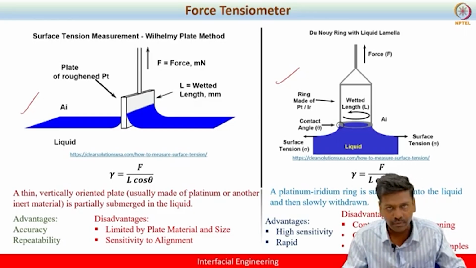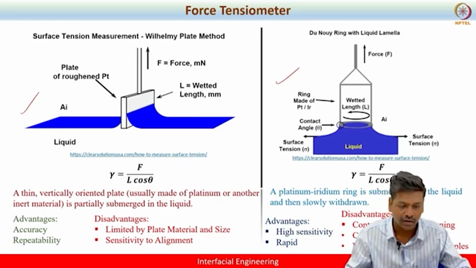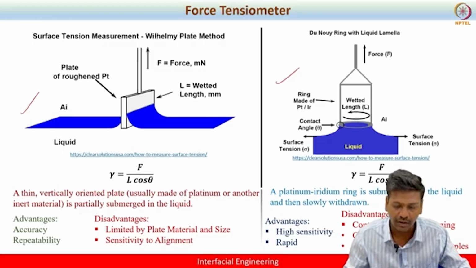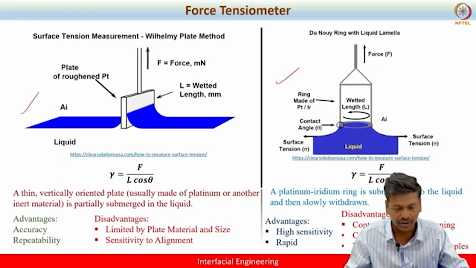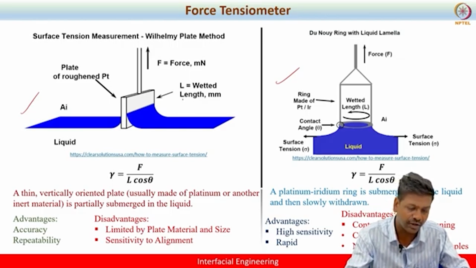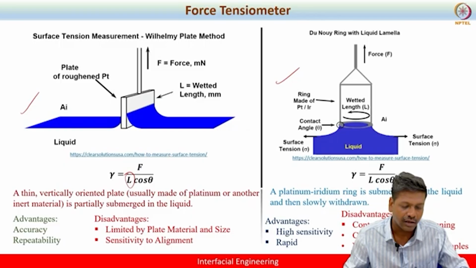The Wilhelmy plate method uses a rectangular plate, the geometry of which is different from the Du Noüy ring. Whereas the Du Noüy method uses a ring-type device to measure the surface tension. So what will be different is the perimeter that comes along with the geometry.